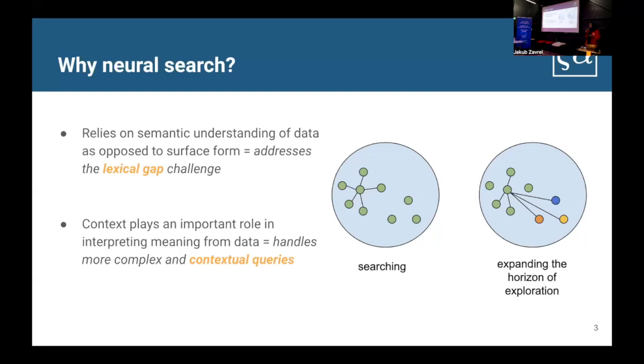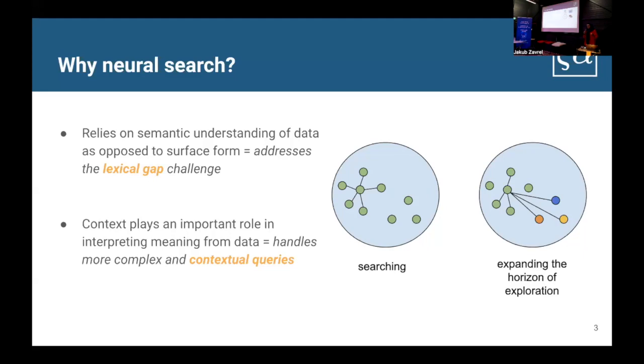Another good reason is a better understanding of contextual and complex queries, like questions or long sentences. It's not about the keywords anymore, but about the relations between the words. If we have a good representation for that, the search results will be much better with a neural model.